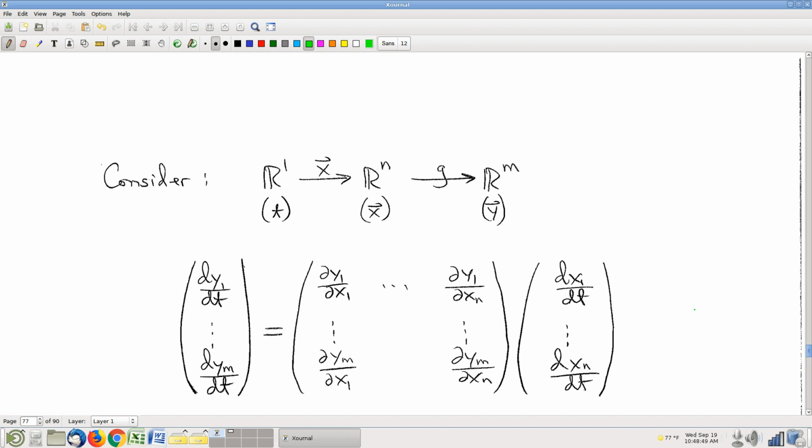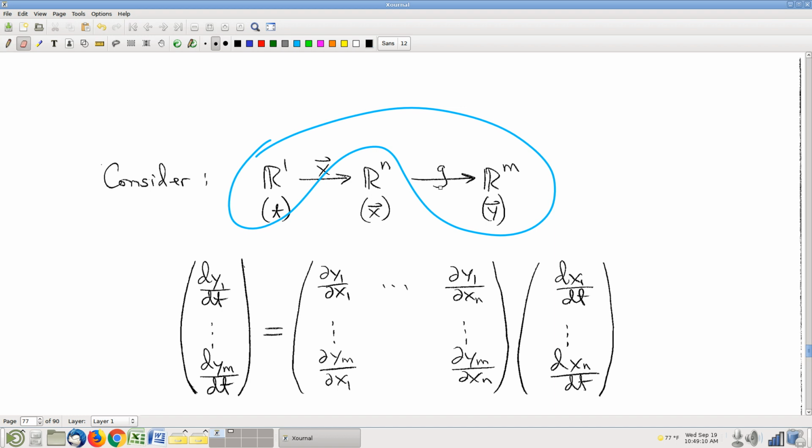Here, though, there's only one initial variable. So there's only one input variable. For this function, there's only one input variable, and therefore there's only one column in that Jacobian matrix. Okay. Then notice, for the composition, actually let me circle that in a different way.